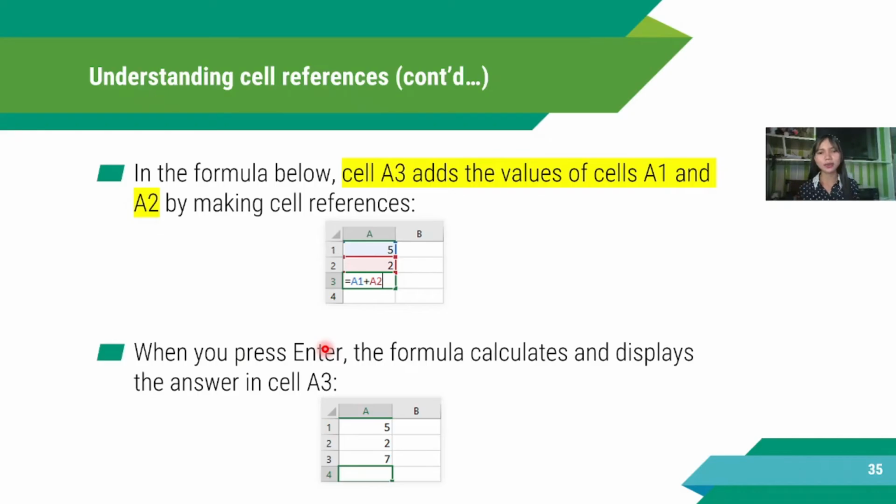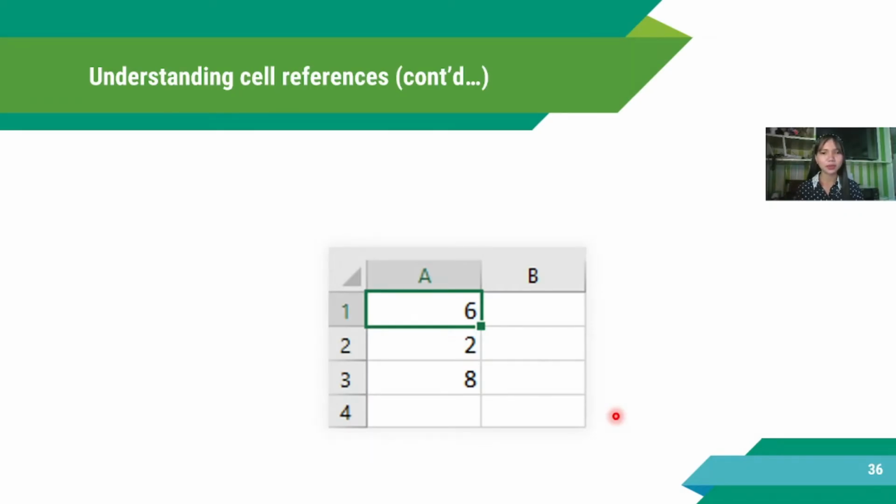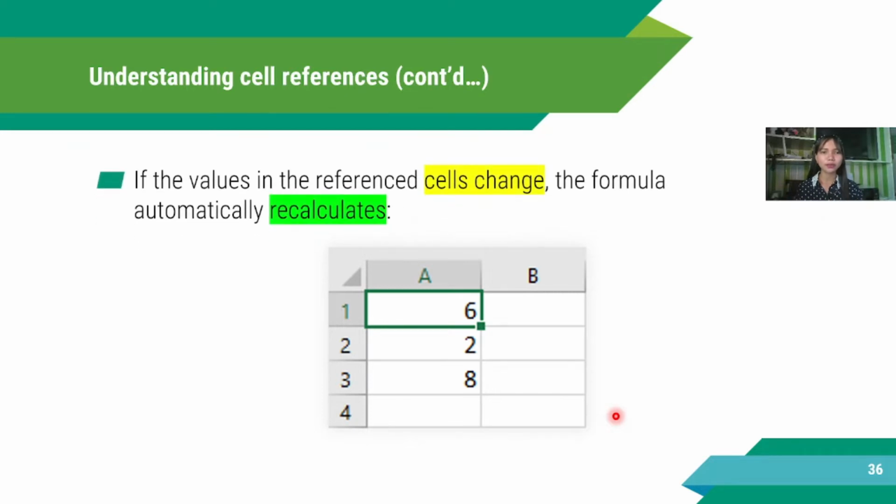Alright? Understood? I hope so, students. So, let's proceed to this continuation. If the values in the reference cells change, the formula automatically recalculates. So, pag cell referencing class, just like A1 plus B2, A3 plus C4, those are cell referencing.